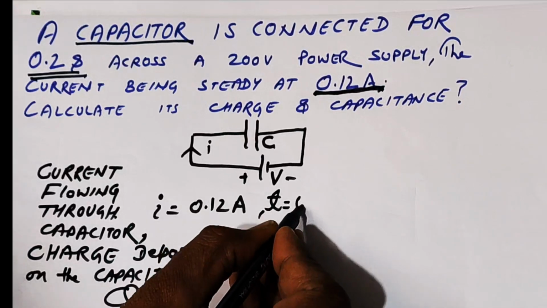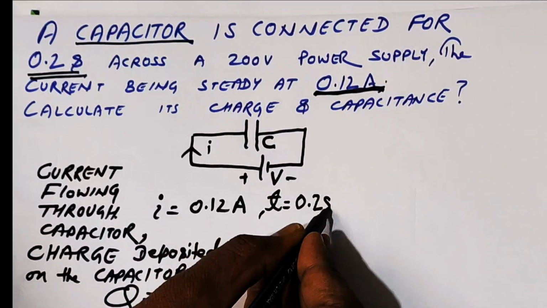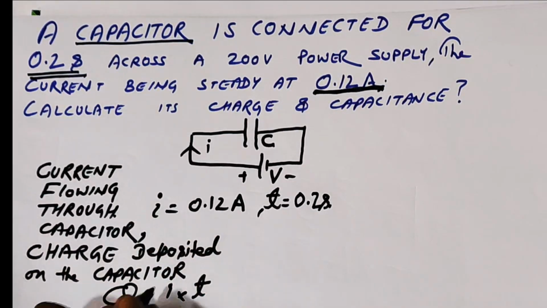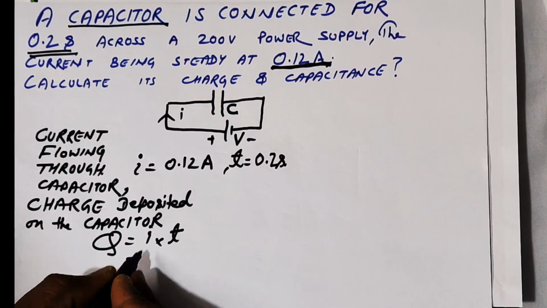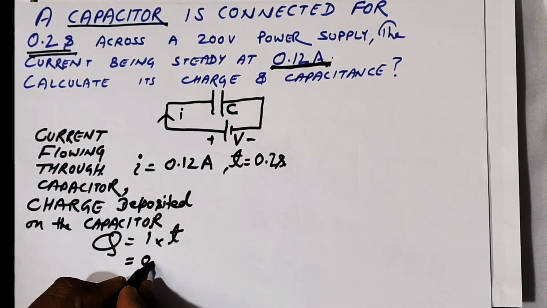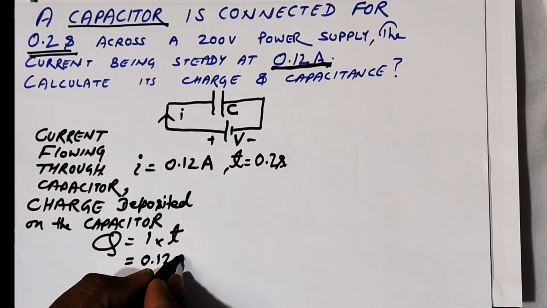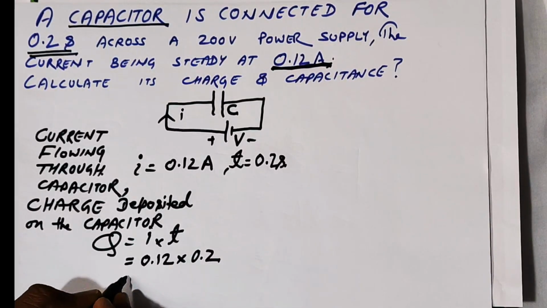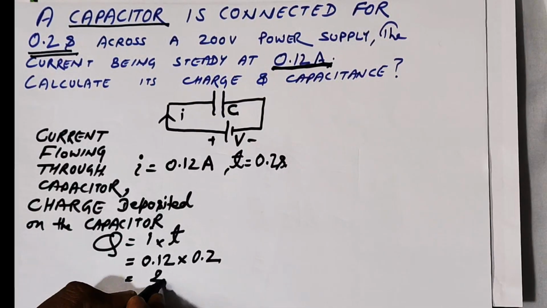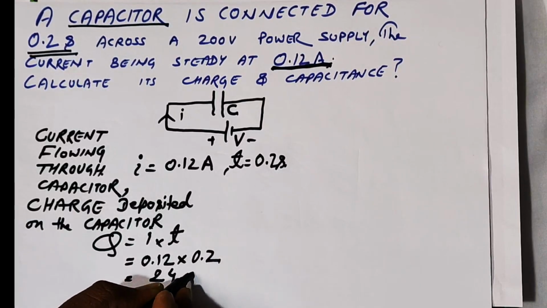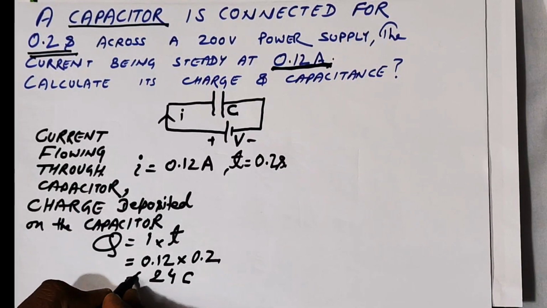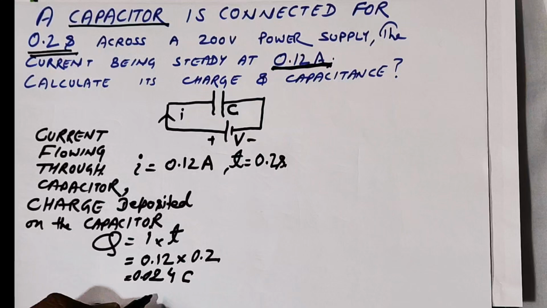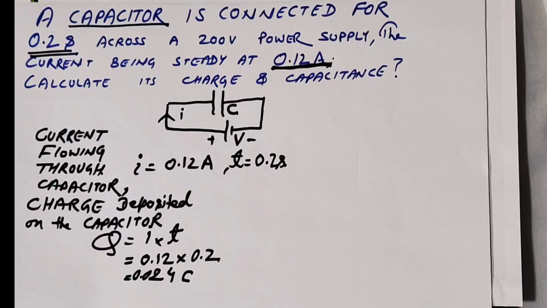So I am writing it over here, time period T equal to 0.2 seconds. And I is 0.12 ampere, it's already known to us. Just put the values over here. This value of I of 0.12 ampere will be multiplied with time of 0.2 second to get the value of Q as 24 into 10 to the power minus 3, that is 0.024 coulombs.